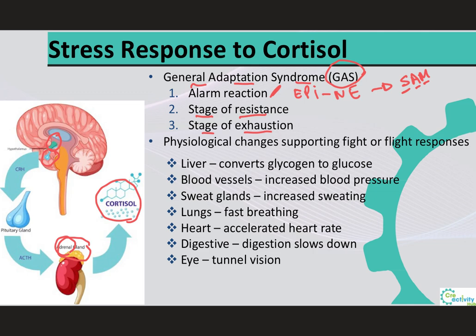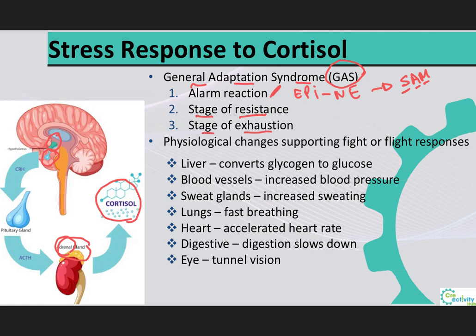Therefore, optimal cortisol levels are necessary for life and for maintaining several bodily functions. So if you have consistently high or low cortisol levels, it can have very negative impacts on your overall health.